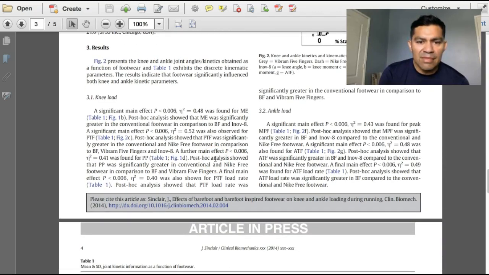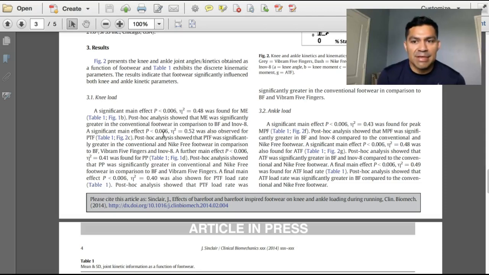So here, this may be a little complicated because there's a lot of statistical information here, which I don't necessarily need you to report back to me, but I do want you to get an idea of what they're trying to tell you here, because in a research article you have to show what your statistical analysis said to prove what you're saying.